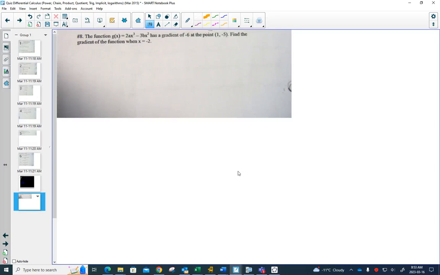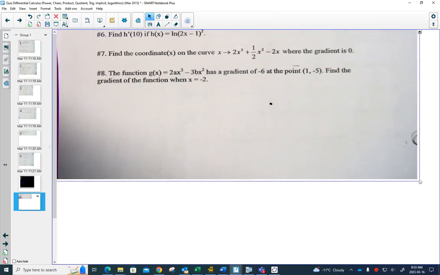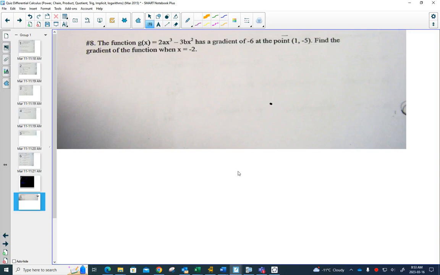The reason I wanted to do question 8 is I have one similar on the test, but it reviews something from grade 11. So I want to make sure that we review that together. Let's see if I can make that bigger. So we've got a function, and what makes this question a little different is that it doesn't have all the numbers given to you.